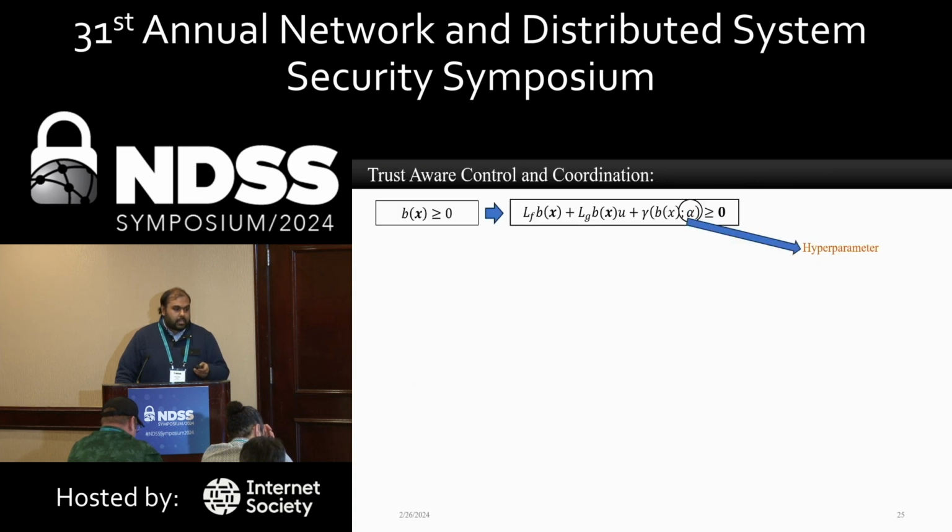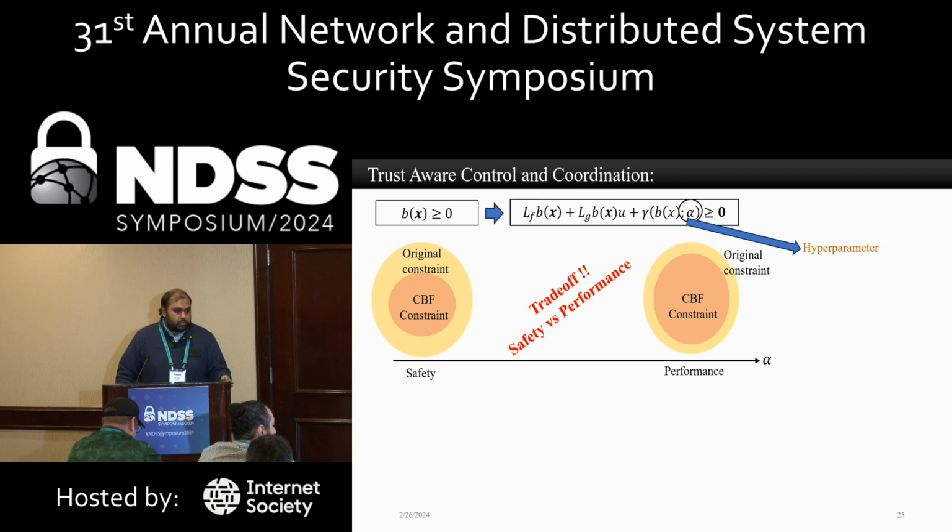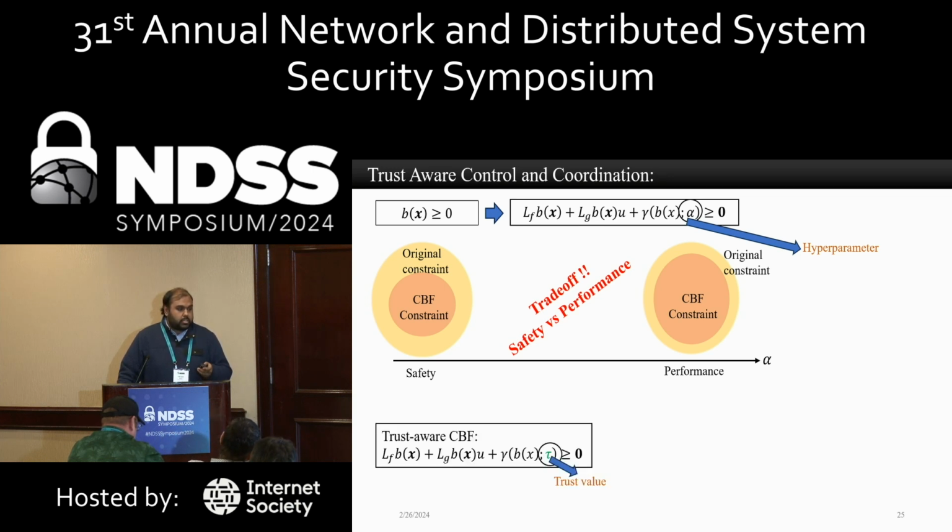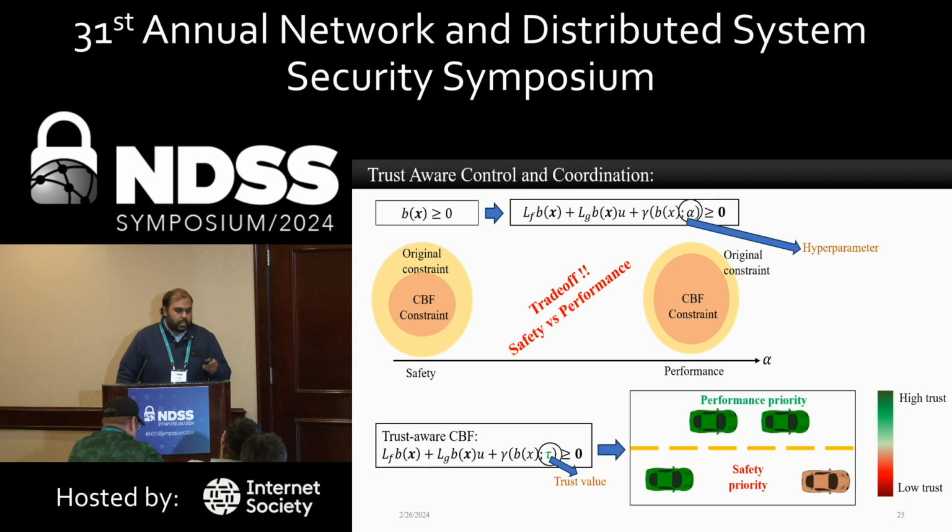Another thing that we also add is, as I said before, this hyperparameter that we need to select for our controller. Essentially, this hyperparameter provides a trade-off between safety, in other words how conservative a controller has to be, versus performance, meaning how much throughput you can get through your network. So we introduce this idea of trust in our constraint, incorporating it in the control.